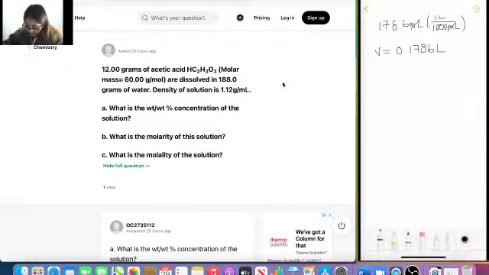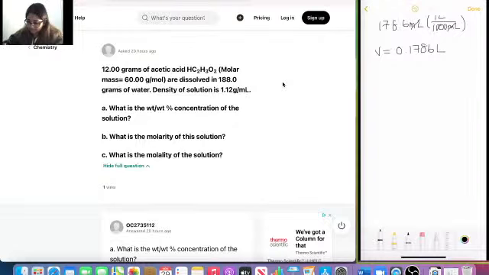Since we're given the mass of acetic acid and the molar mass, we can calculate the number of moles.